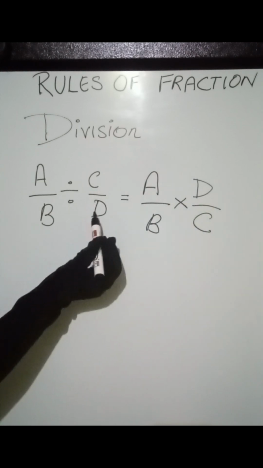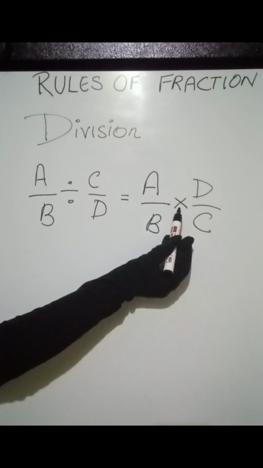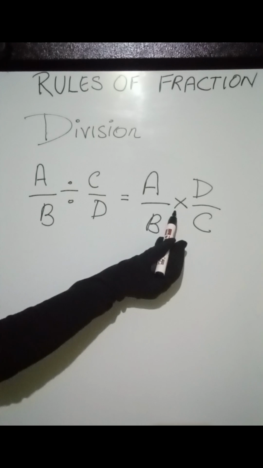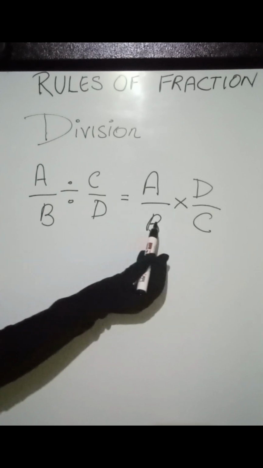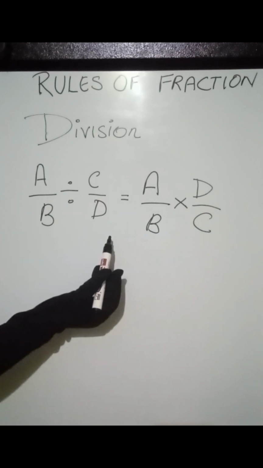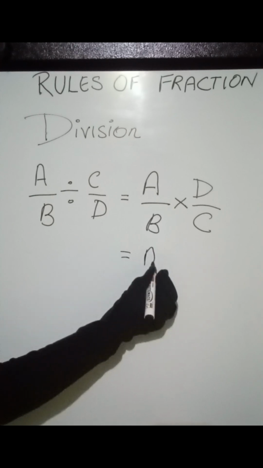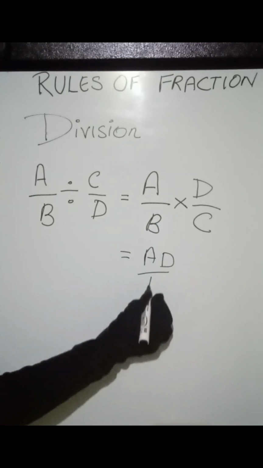This C by D has become D by C and the symbol has changed. The division symbol has changed to multiplication. So from here it will be the normal multiplication, which is equal to AD by BC.